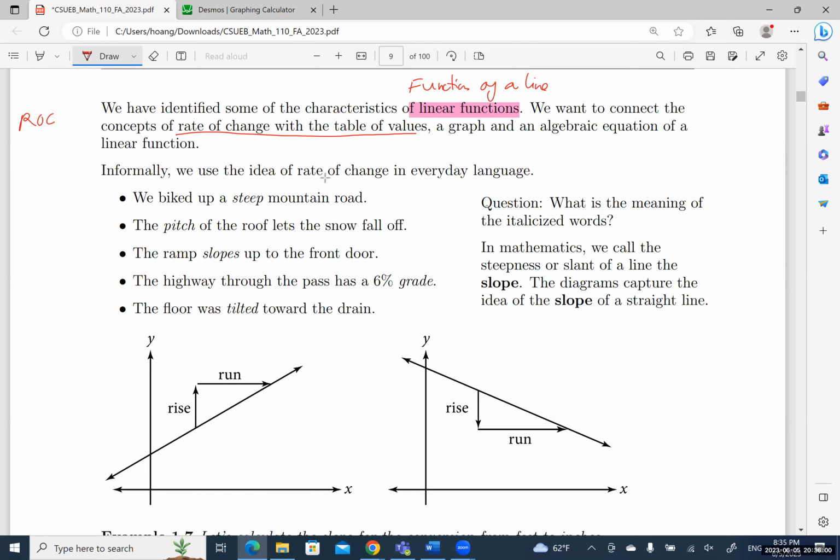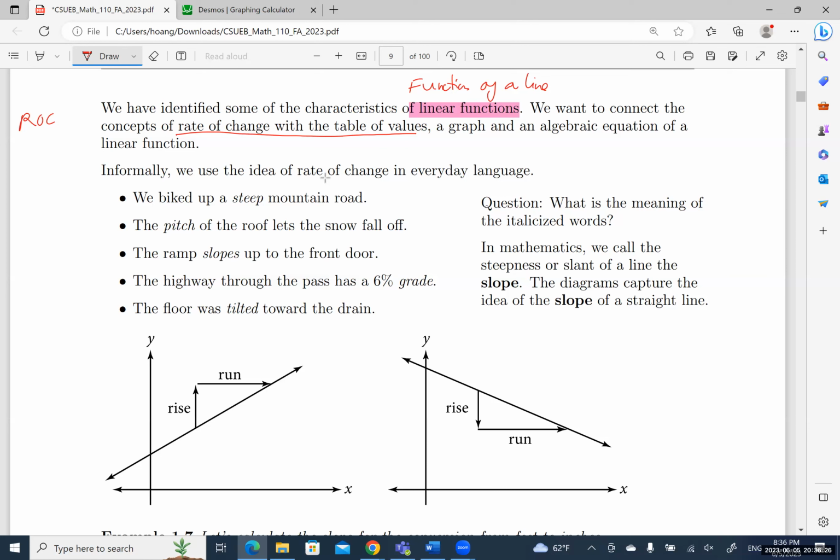So informally, we use the ideas of rate of change in everyday language, and we back up a steep mountain road, right? We also have like the pitch of the roof lets the snow fall off, right?